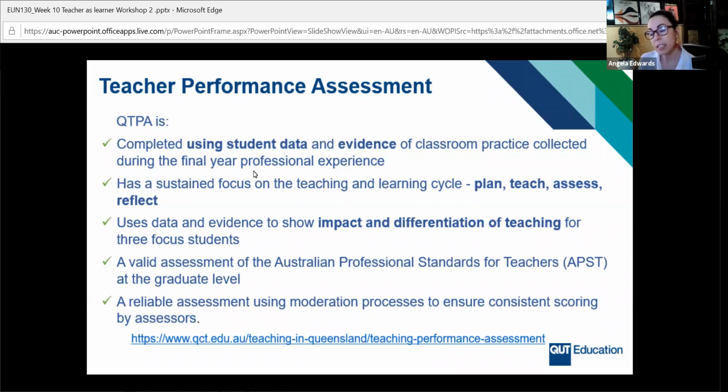So as I said, as part of your QTPA, there is a written assessment as well as the interview, and you're going to have to develop and talk about your 600 to 800 word teaching statement. So today in this workshop, I'm going to guide you through how you can start doing this, how you can start thinking about it.